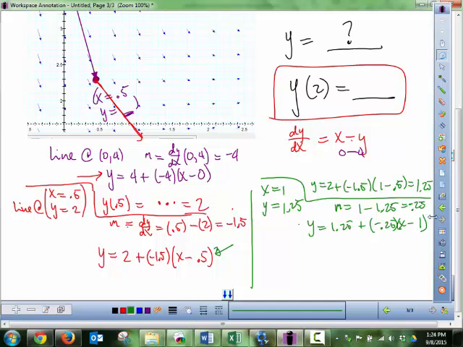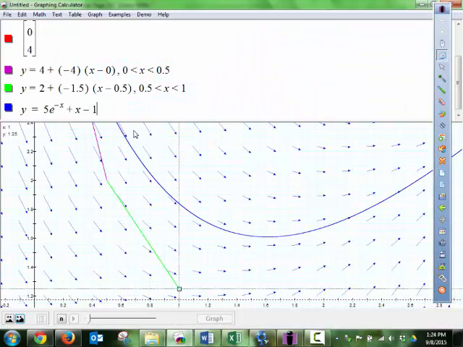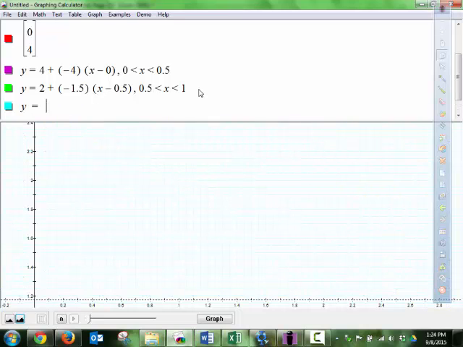Okay. So let's draw this. We got y equals 1.25 plus negative 0.25 times x minus 1.